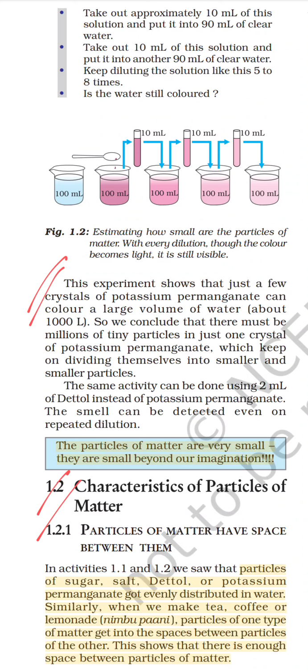Similarly, when we make tea, coffee, or lemonade, nimbu pani, particles of one type of matter get into the spaces between particles of the other. This shows that there is enough space between particles of matter.